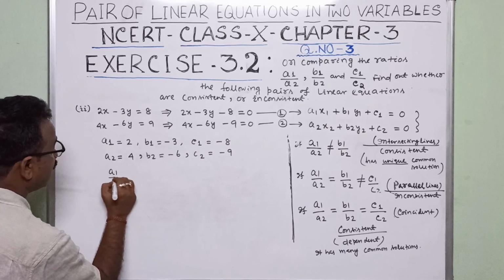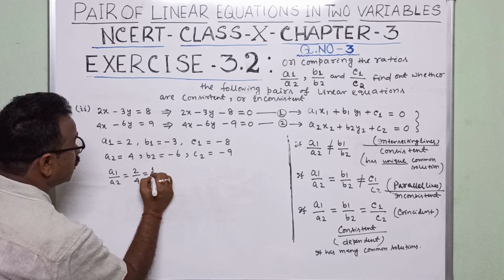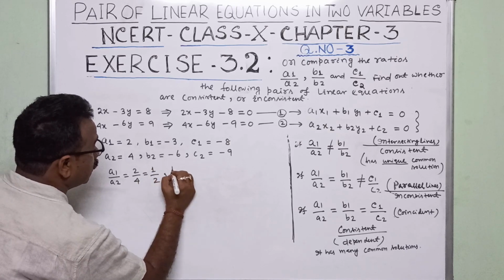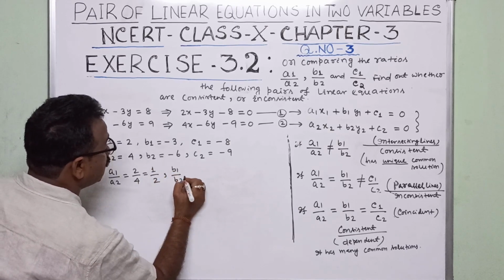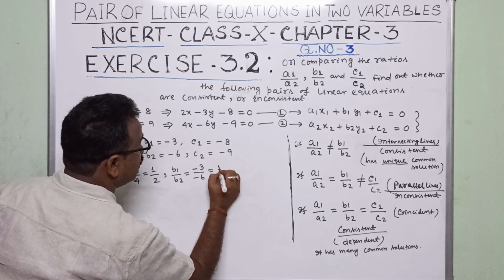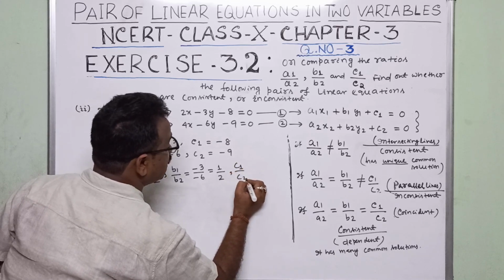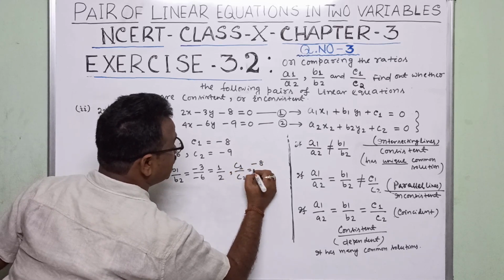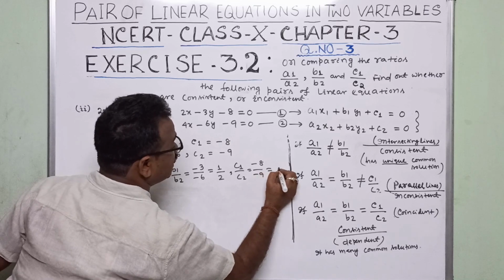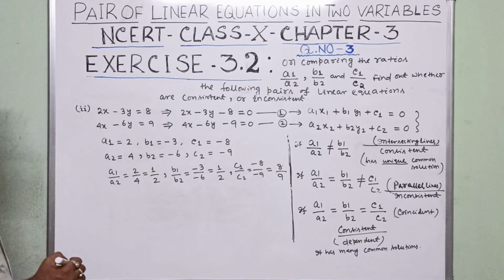Now a1 by a2 is equal to 2 by 4 is equal to 1 by 2. b1 by b2 is equal to minus 3 by minus 6 is equal to 1 by 2. c1 by c2 is equal to minus 8 by minus 9 is equal to 8 by 9.